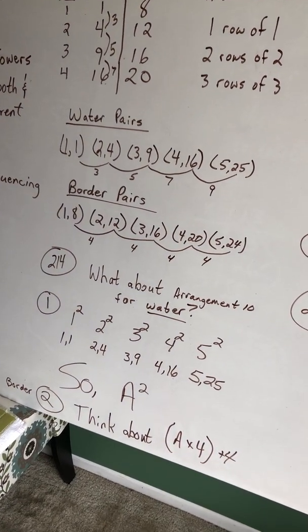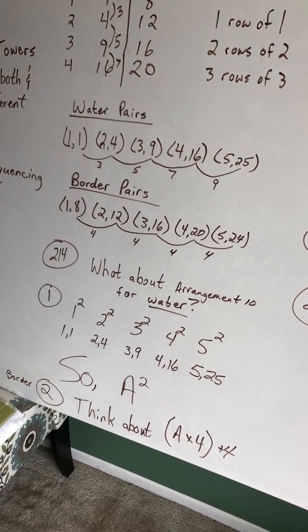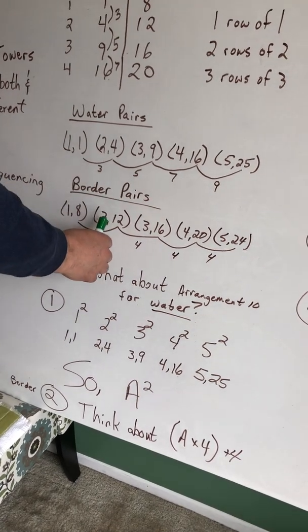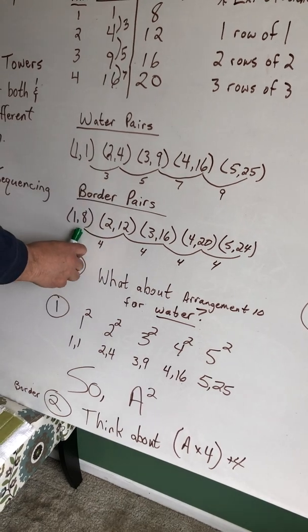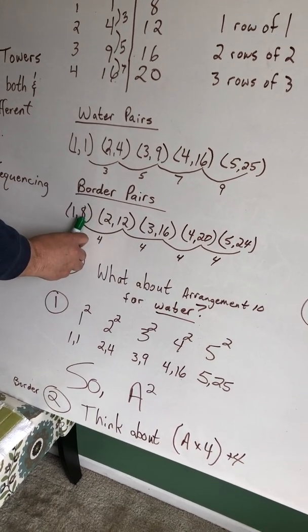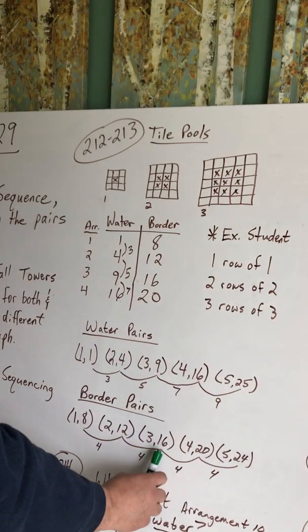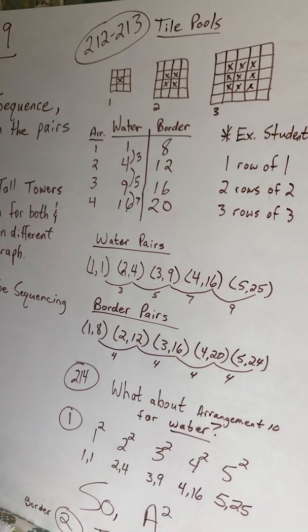So the formula for the water pairs is A squared, arrangement squared, okay? Now, if we look at the border pairs, same arrangements, we have 8 tiles used in the first arrangement, 12 used in the second, 16 used in the third, and so forth. It's going up by 4 every time, okay?